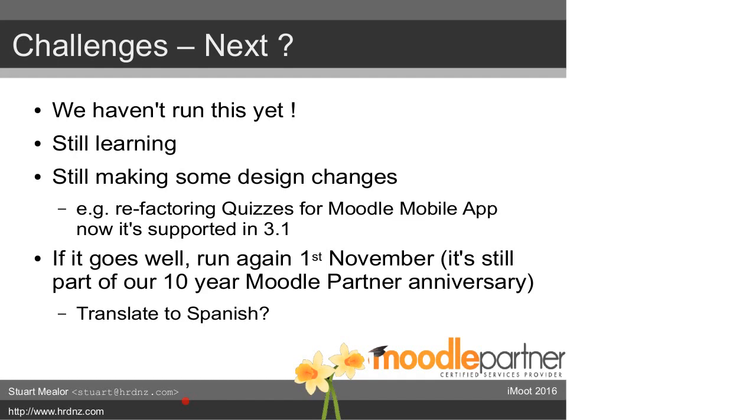So we might have to go back to each quiz and check whether we've used drag and drop questions that aren't supported, for example, and refactor those quizzes, or potentially use the mobile app restriction plugin and say, let's deliver this quiz experience to people using a browser, but deliver this different quiz to people using the Moodle mobile app, for example.